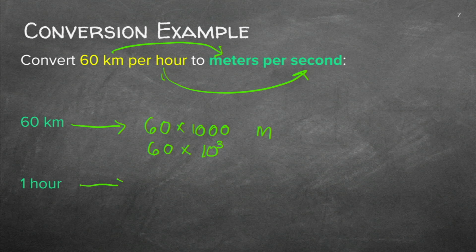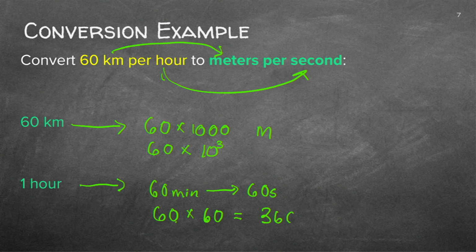Well, we know we've got 60 minutes in an hour, and every minute has got 60 seconds. So what I have here is I've got 60 times 60, which will give me, yes, 6 times 6 is 36, and I've got 3,600 seconds.